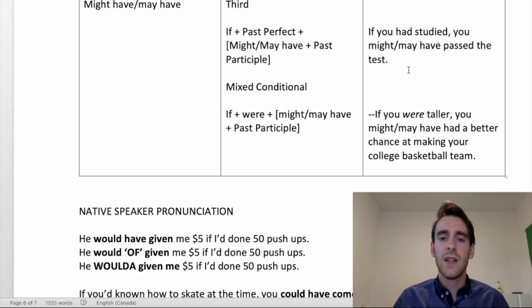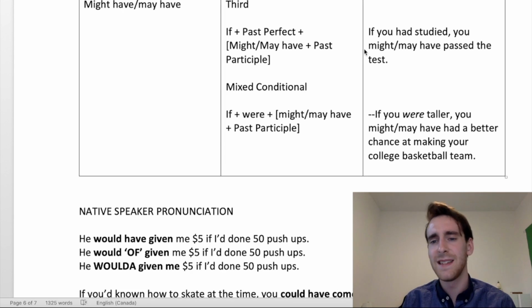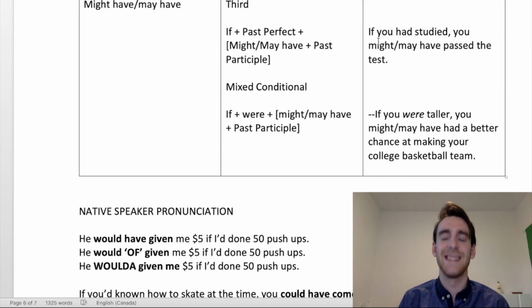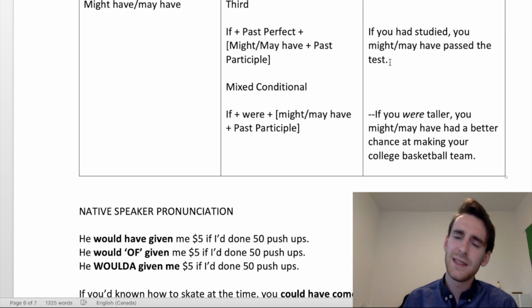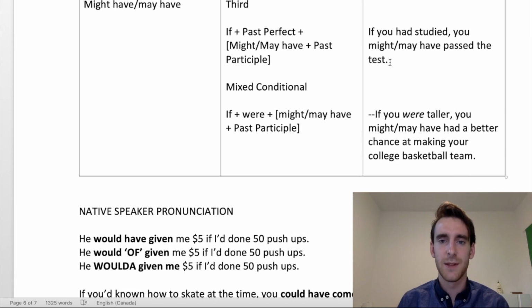So, that's that. But guys, remember what I said before, the tendency is to use might when something didn't happen. So might is more likely in this sentence, but you'll see both sometimes.